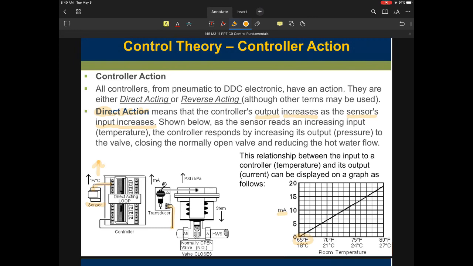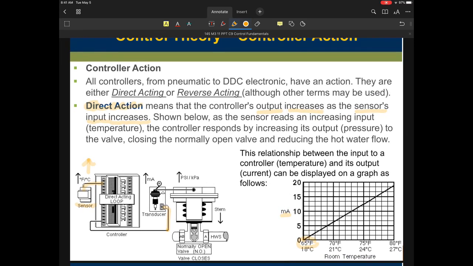And at 65, based on the settings, we're going to have an output that represents 0 output or 0 milliamp signal into the transducer in this case. That would then, of course, provide you the lowest amount of demand out of this controller to provide control of this valve. So that's what it would end up doing.